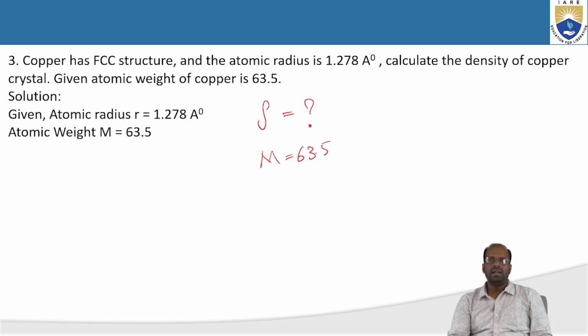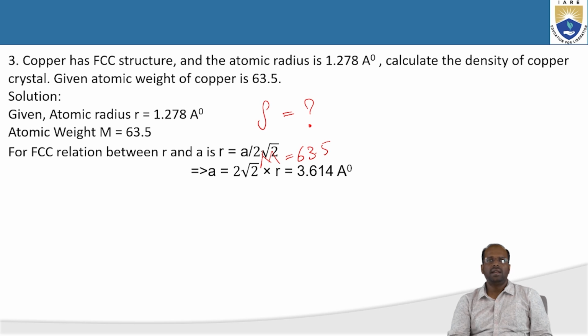Given values are atomic radius R is equal to 1.278 angstrom, molecular weight is 63.5, and the face centered cubic relation is R is equal to A by 2 root 2.